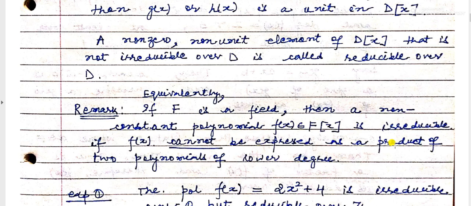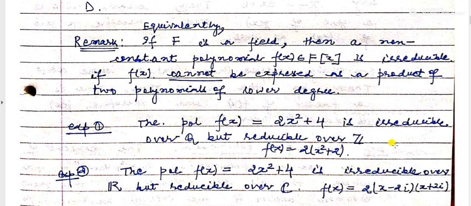This can be written as 2(x^2 + 2). 2 is not a unit over Z. So if we consider Z[x], then x^2 + 2 is not a unit, and 2 is not a unit in Z[x]. So it is reducible over Z, but 2 is a unit in Q. So it is irreducible over Q.